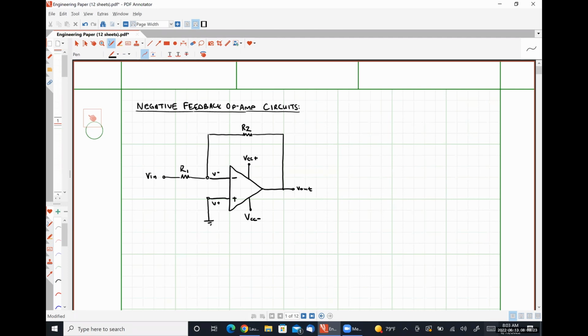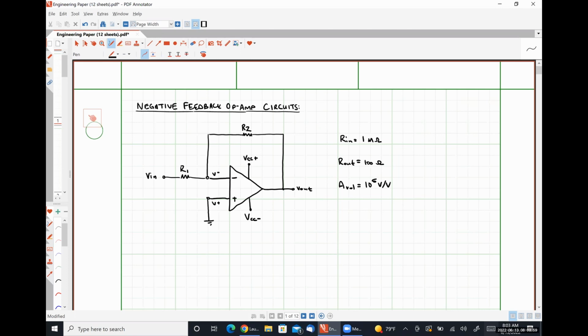We are going to wind up working this problem numerically, so I'd like to identify a few key figures here. For the op-amp itself, let's say that Rin is equal to 1 mega ohm, Rout is equal to 100 ohms, and our open loop gain, AVOL, is equal to 10 to the 5 volts per volt.